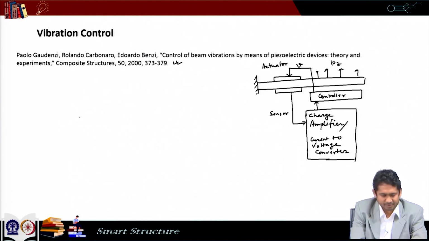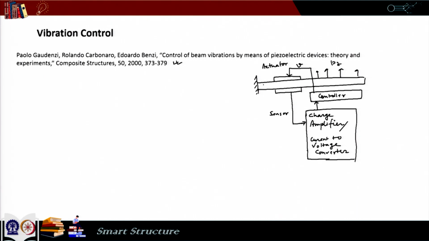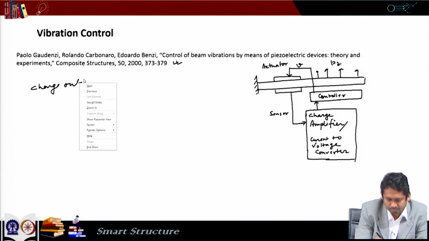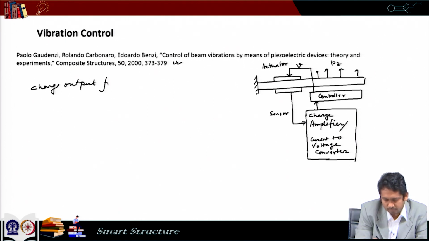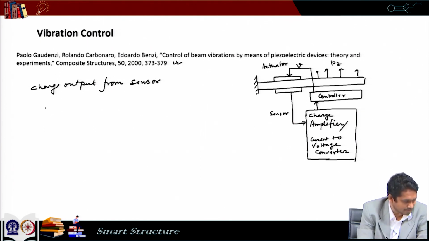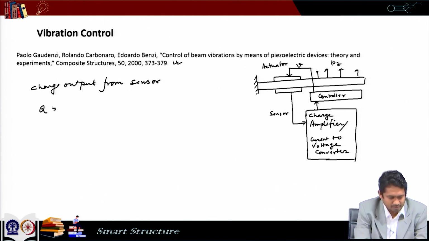Now, if we write the dynamics of this, then from there the charge output from the sensor is Q, which is equal to dz integrated over the area.